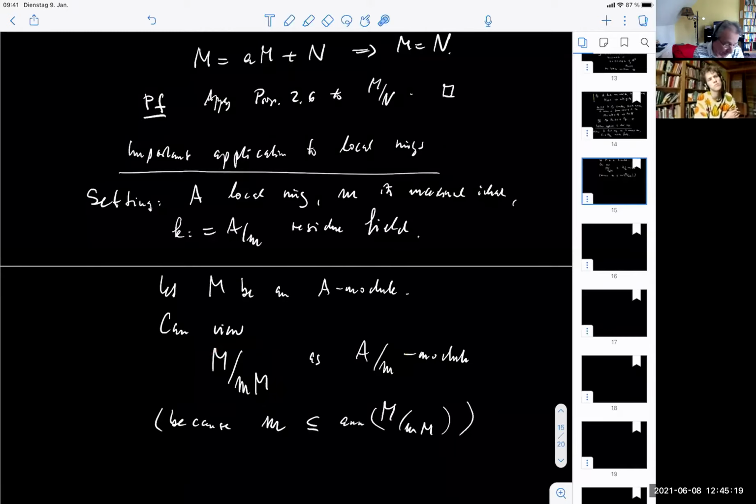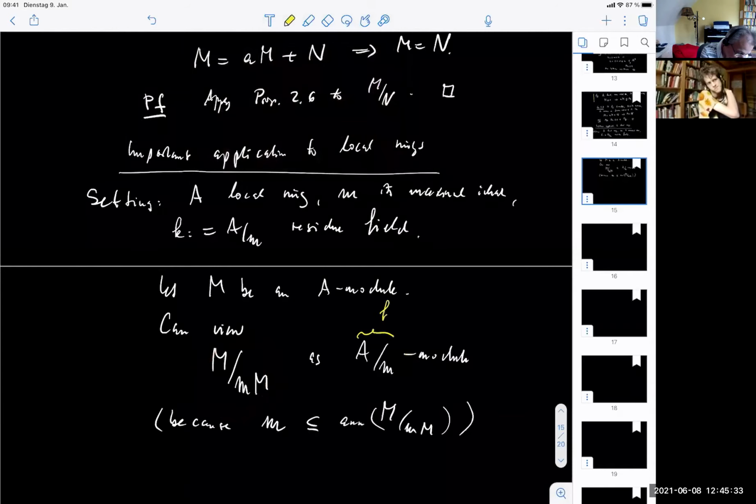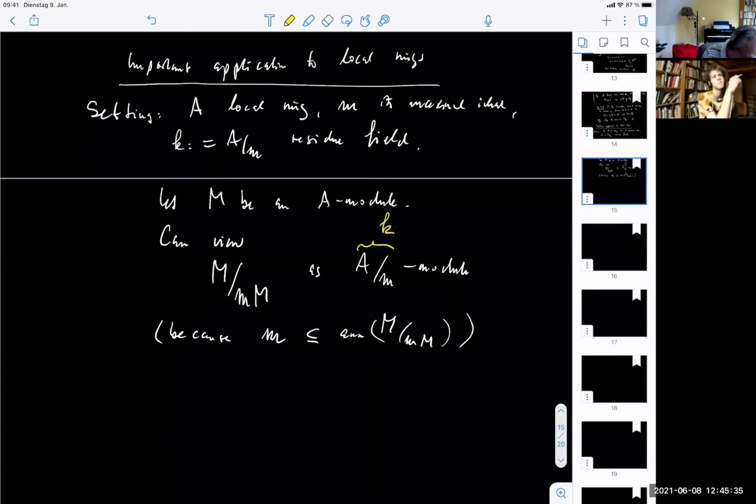Multiplying with an element of M gives here the zero map. So this is well defined. But the good thing is now, this is K. So this is a vector space. This is a K vector space.